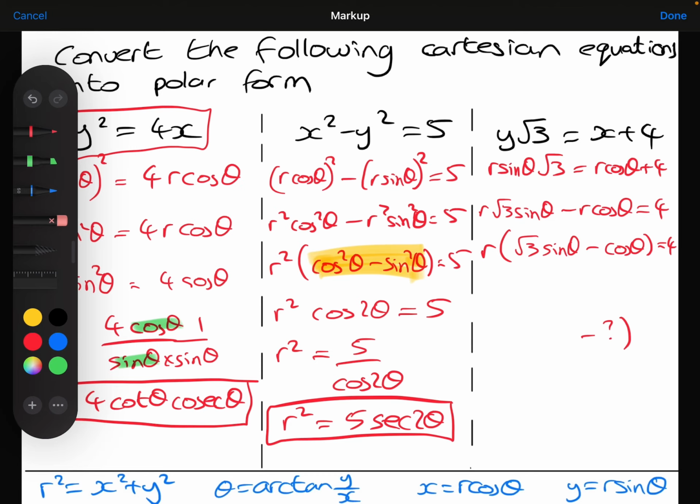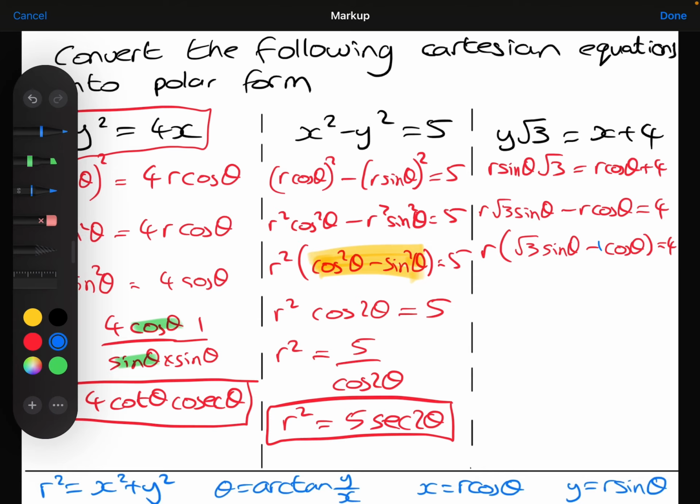So now I'm looking at these coefficients. I'm looking at the root 3 and I'm looking at the 1 that's in front of the cos. And then I'm also thinking about the exact values of trigonometric functions that I know.